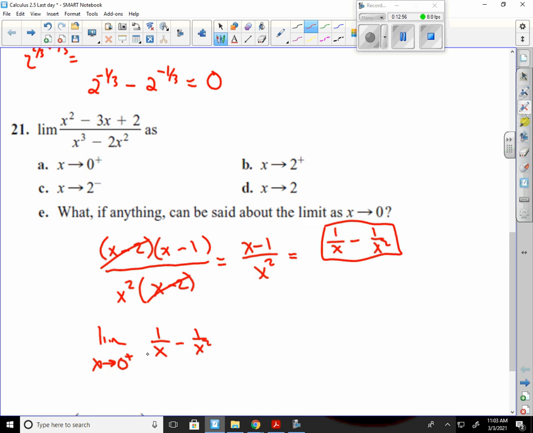Now when I look at this, if I'm approaching from the right, what that's going to do is make this a number that gets increasingly larger. So this is going to go to infinity. And so is this one.